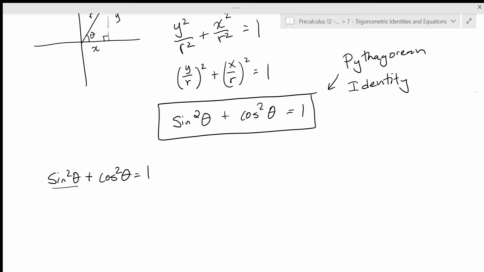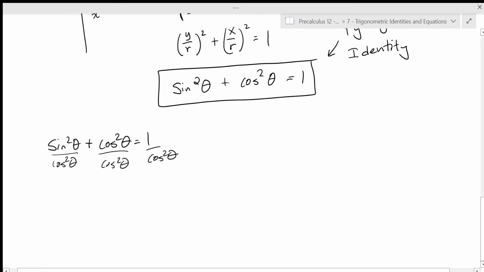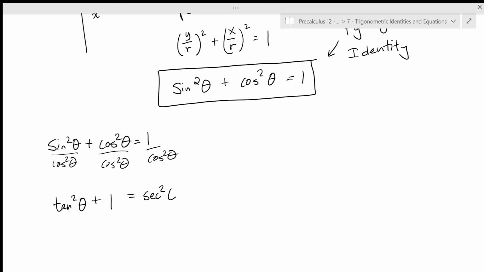Rewriting using my reciprocal functions, sine squared theta over cosine squared theta is tan squared theta. Cosine squared over cosine squared is 1. And 1 over cosine squared is secant squared theta, because secant is the reciprocal of cosine. So tan squared theta plus 1 equals secant squared theta. And that is another Pythagorean identity.